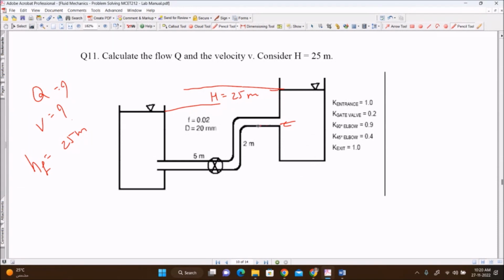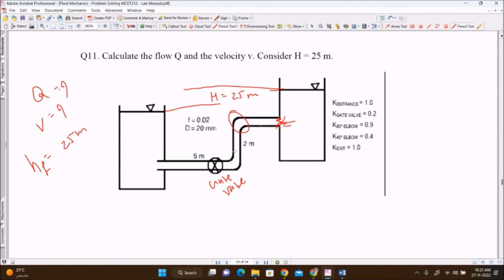So head loss due to friction. There is friction in the pipe. There is a head loss in the elbow. So all the losses are given here. Why am I writing here? From this K entrance, there is a head loss here. At the entrance, there is a pressure drop. Then there is a pressure drop at the gate wall.